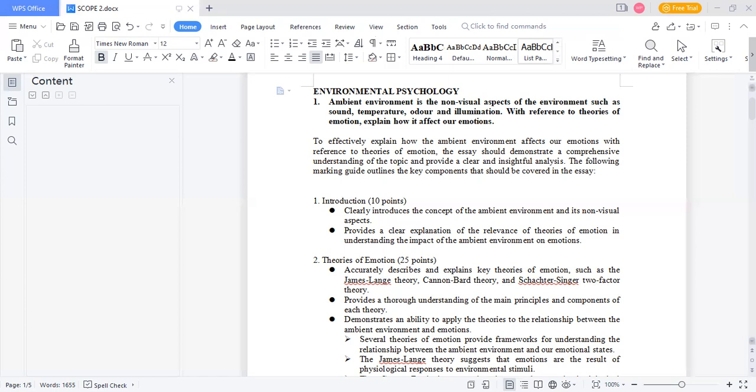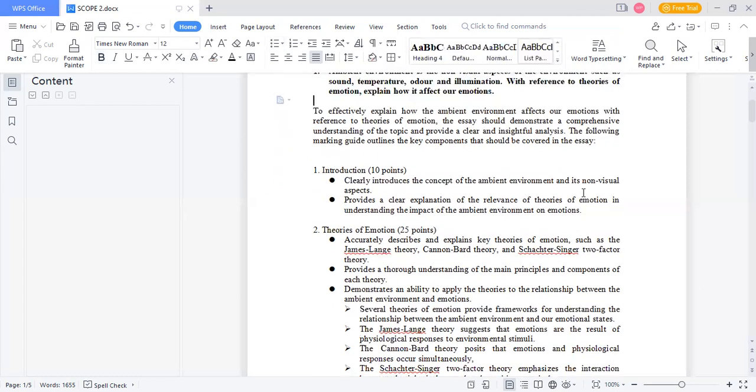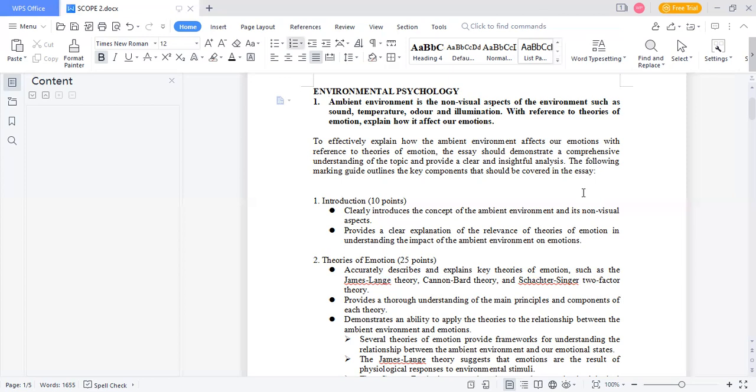Let me put the question in visual form so that when we go down, you can still relate to the question. To effectively explain the ambient environment and how it affects our emotion with reference to certain theories, in your essay you should demonstrate a comprehensive understanding.